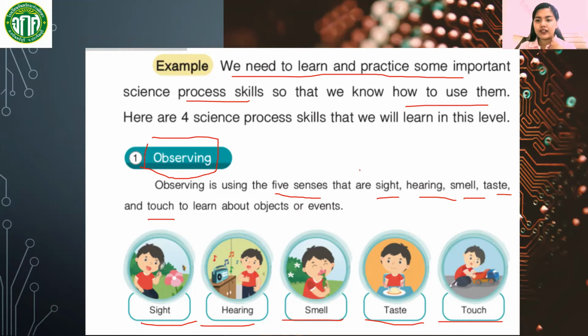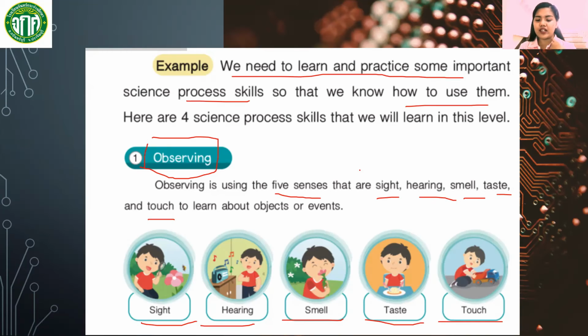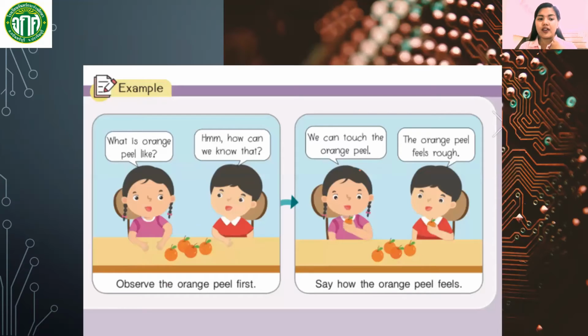Next, what's next after observing? We have here an example of observing. We have here a girl and a boy. The girl asked, what is orange peel like? The boy answered, how can we know that? The girl says, we can touch the orange peel.